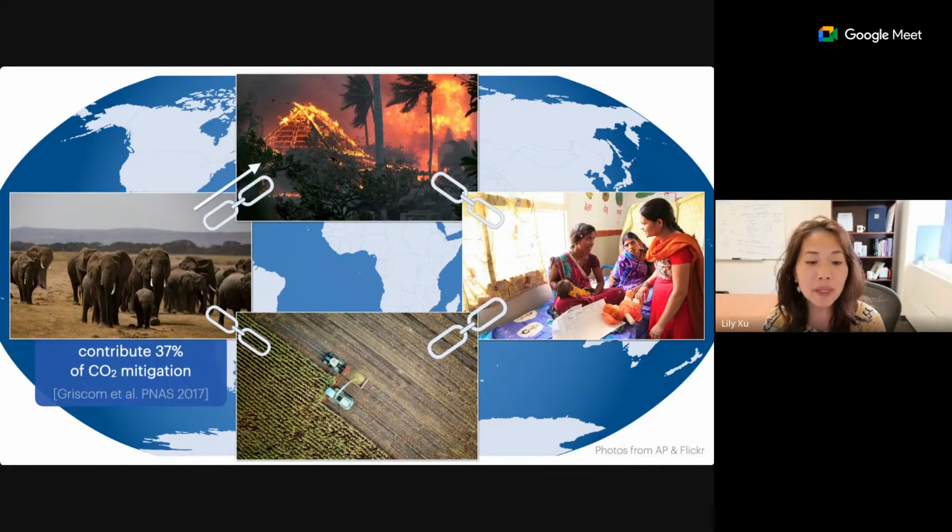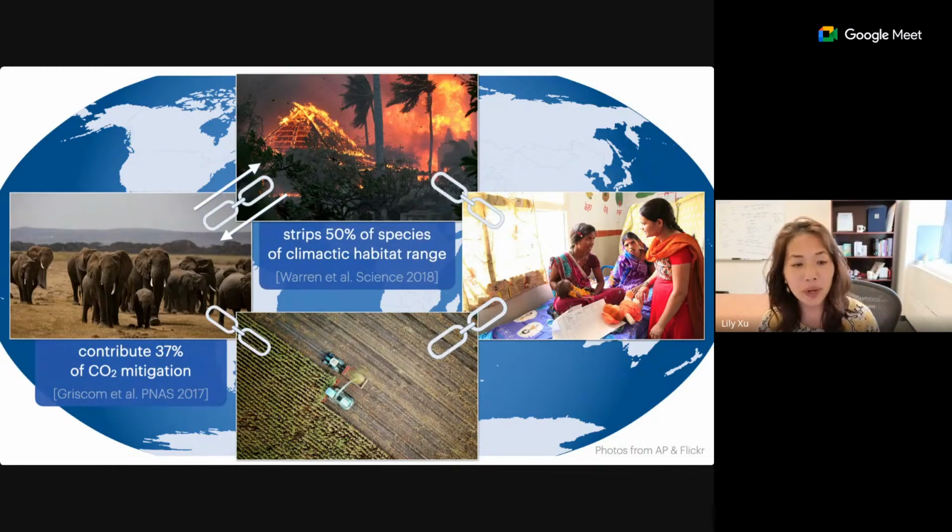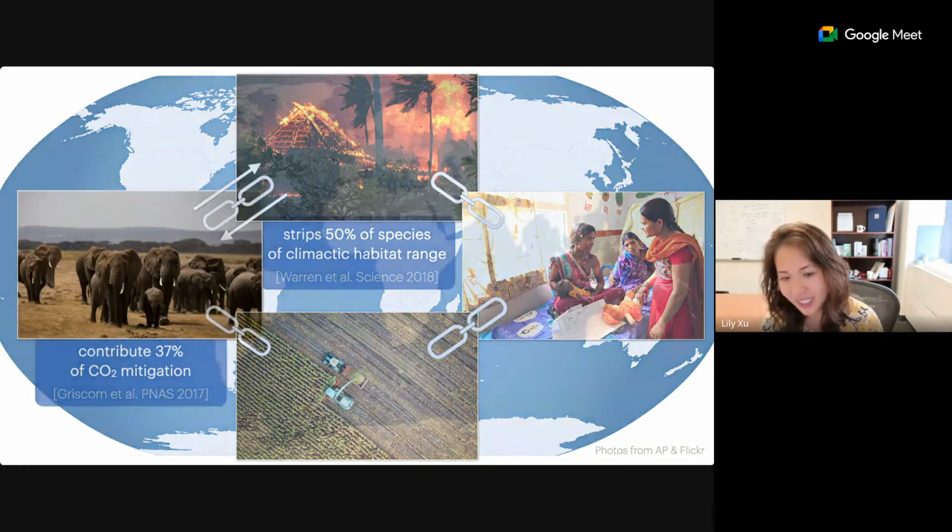Nature-based solutions can contribute up to 37% of the CO2 emissions reductions necessary to meet the Paris Agreement and halt global warming. Meanwhile, climate change is currently exacerbating biodiversity loss by stripping species of their climatic habitat range, forcing them to move and adapt, but oftentimes they aren't able to adapt as quickly as necessary.